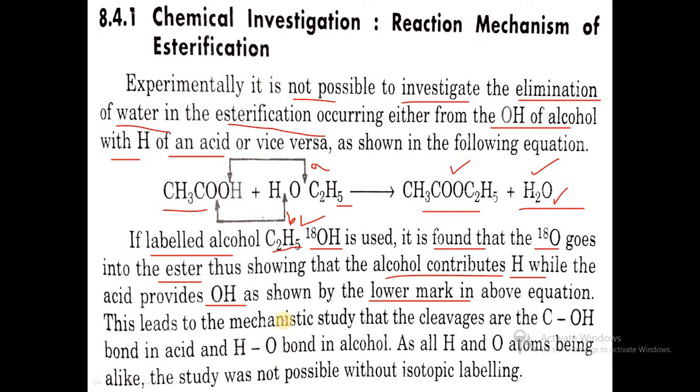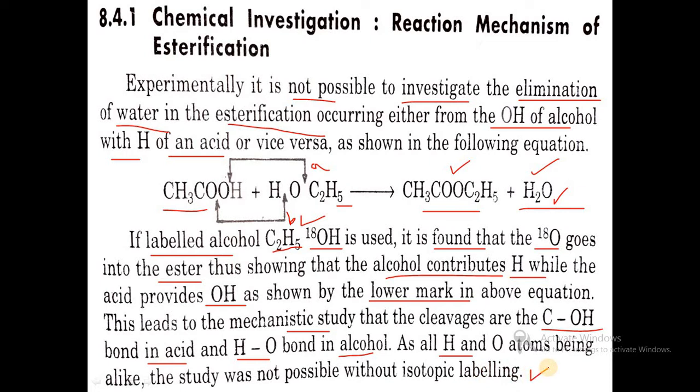This leads to the mechanistic study that cleavage occurs at the C-OH bond in the acid and the H-O bond in the alcohol. This study was not possible without isotopic labeling.